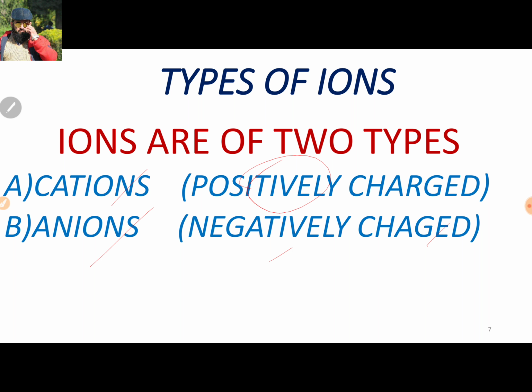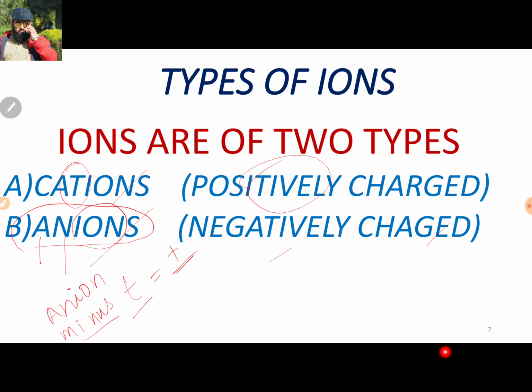To remember, I can tell you a trick or a technique. The t in cation is somewhat like a plus. So you can remember from this t that a cation is a positively charged particle. Anion, you can memorize as the negative charge. You can split the name anion in parts: a, n, ion, and similarly minus.